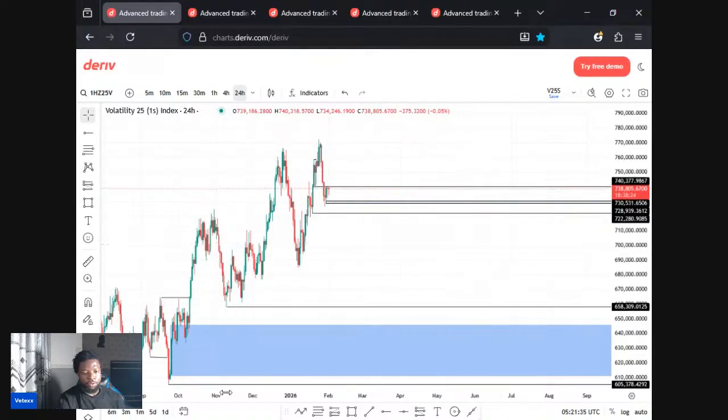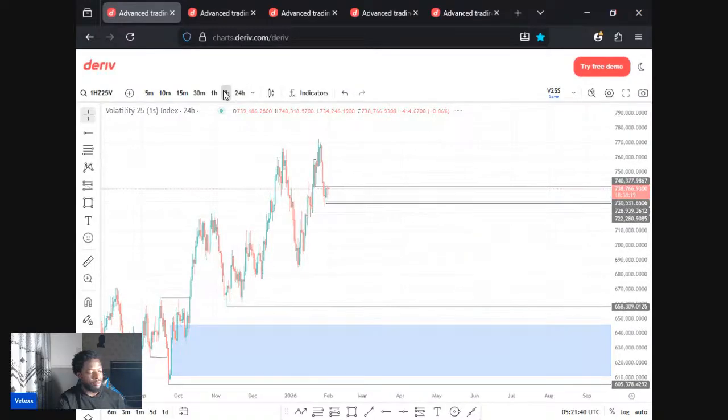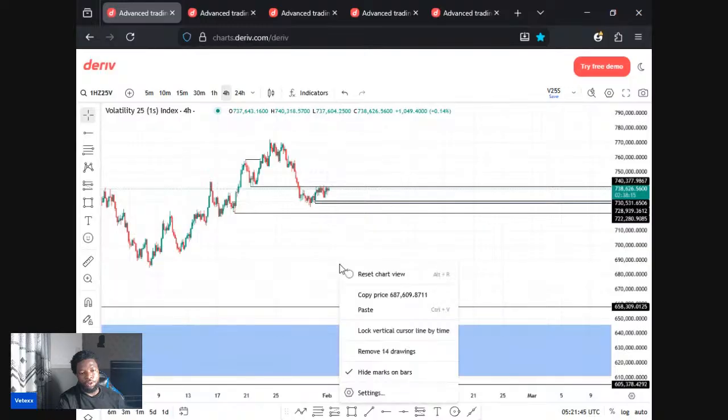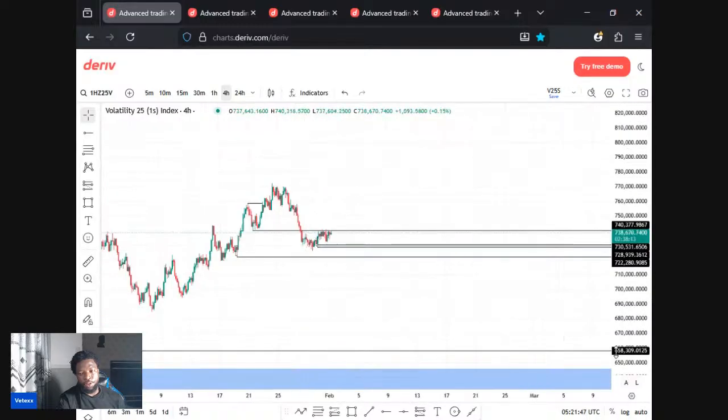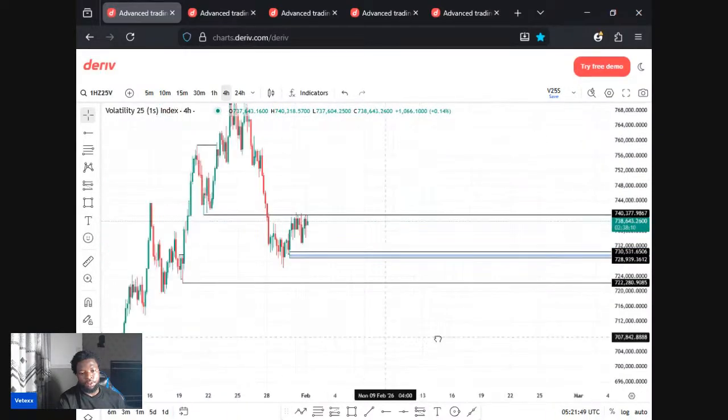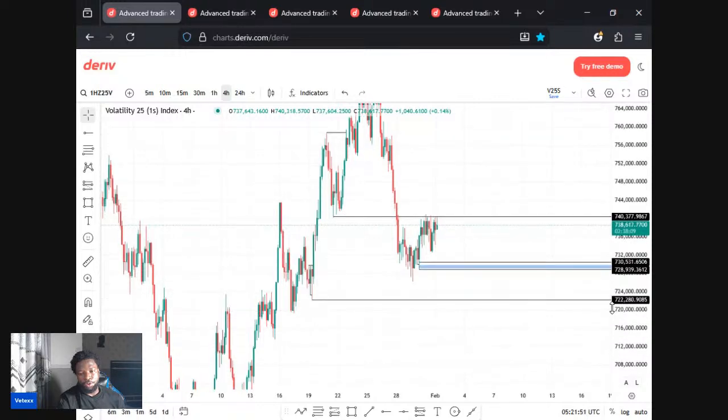Right now we have to wait for this week, so let's go to the 4 hour time frame and check if price is reacting from anywhere. From the 4 hour time frame, you see we've already marked the POI.